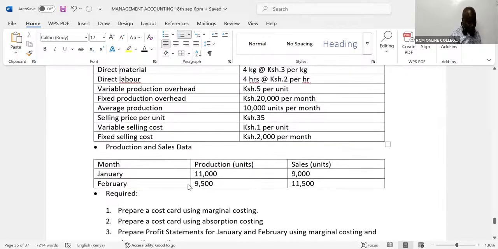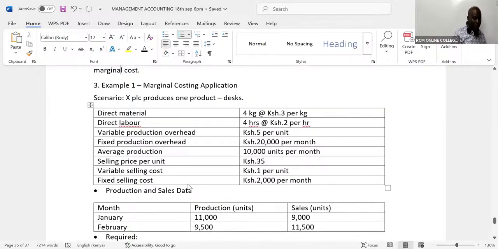Remember, we have already done the cost card using absorption costing, which is also known as full costing.